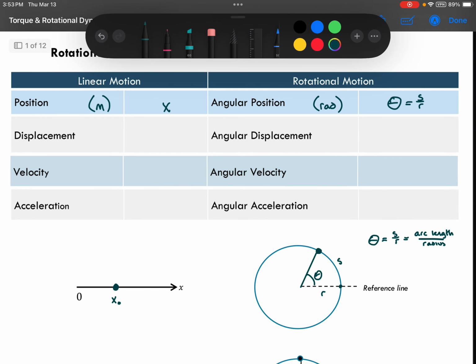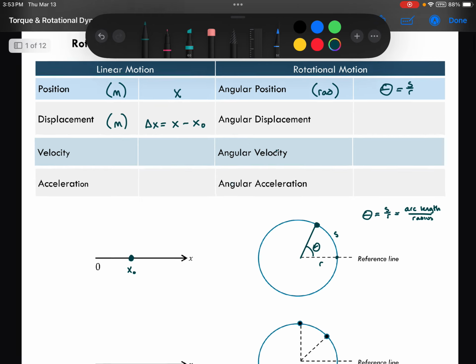All right. Next, we define displacement. And displacement was the change in position, the object's final minus initial position. For linear motion, still measured in meters, delta x was equal to final minus initial, or x minus x naught. If you prefer x final, xf minus xi, x initial, you're welcome to do that.